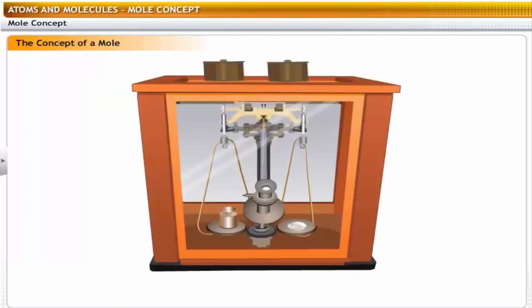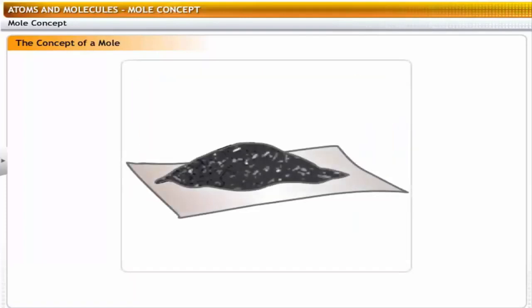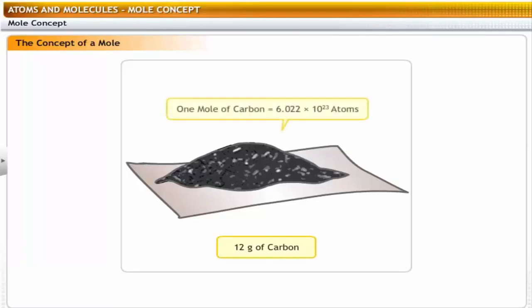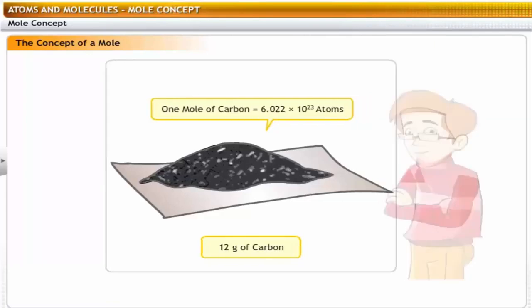Scientists, after a series of experiments, concluded that 1 mole of any substance contains 6.022 multiplied by 10 to the power of 23 number of atoms. Here is an example. The number of atoms present in 12 grams of a carbon-12 isotope, which is equal to 1 mole of carbon, contains 6.022 multiplied by 10 to the power of 23 number of atoms.